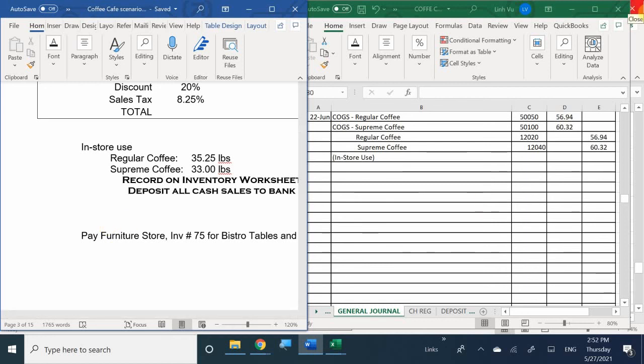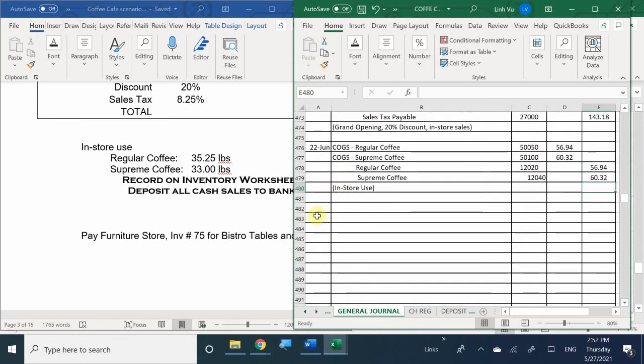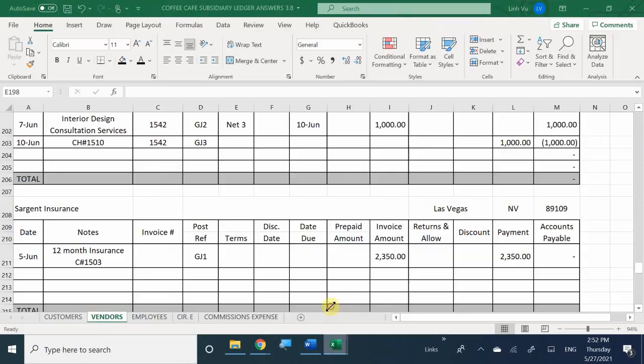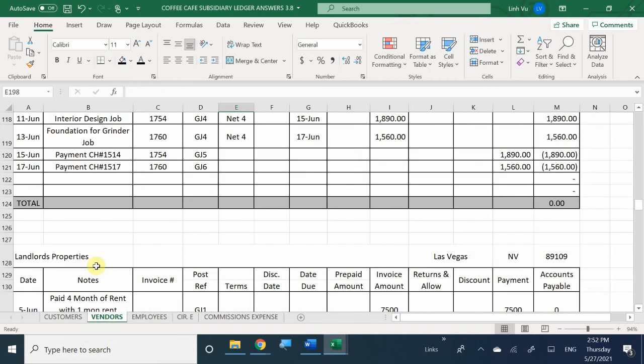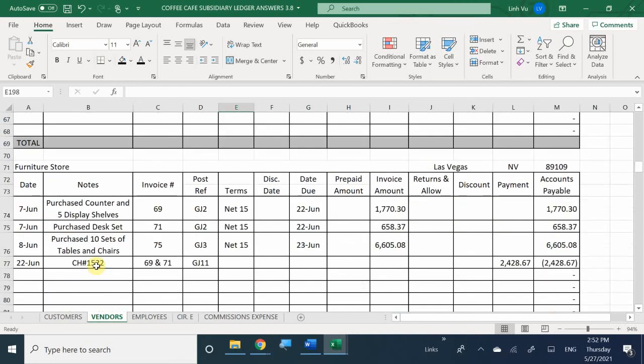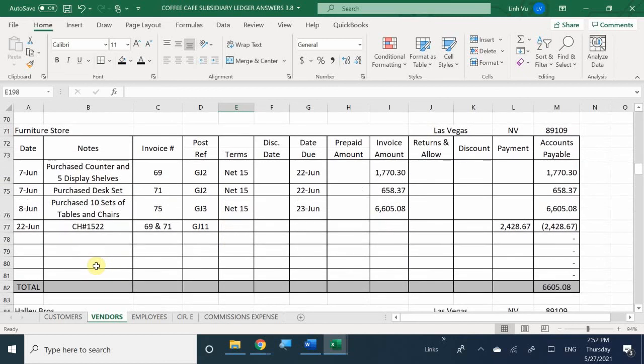Anyways, the first thing I did was go to my subsidiary ledger under vendors for the furniture store to see what I owed them. 6,000 something. Here we are. It's $6,605.08. So my two accounts I'm going to use are accounts payable and checking.